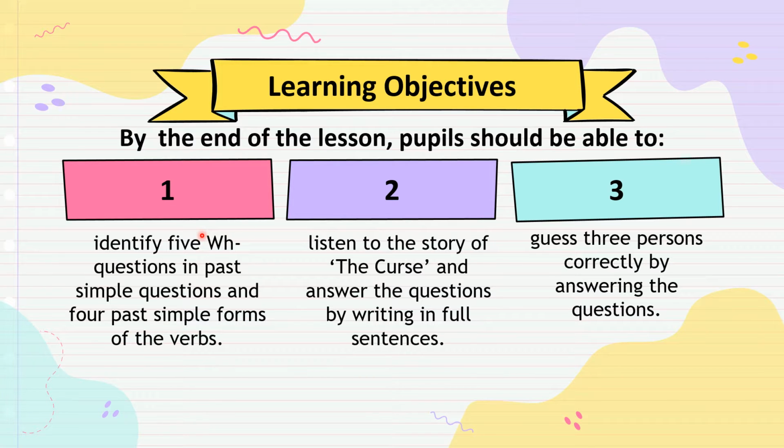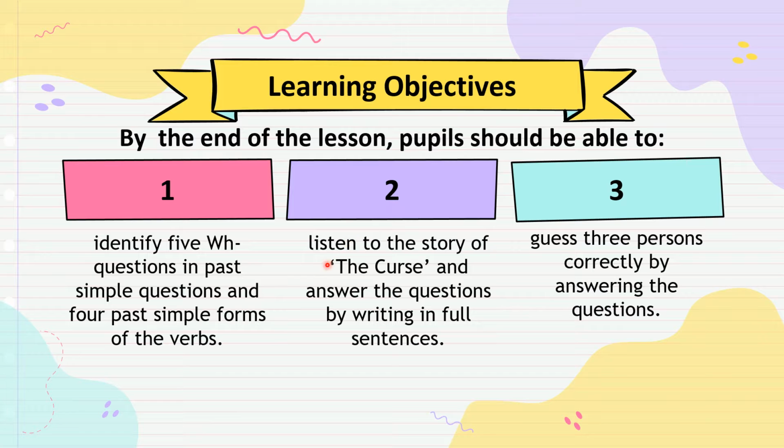Objektif pembelajaran pertama, kamu perlu kenal pasti 5 kata soal dalam past simple question, soalan berkaitan dengan benda perkara yang dah berlaku, and 4 past simple forms of the verb. Kenal pasti 4 verb kata kerja dalam past simple. Bentuk past simple maksudnya kata kerja yang dah berlaku.